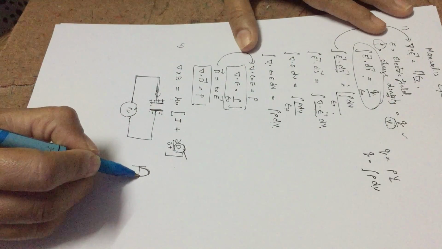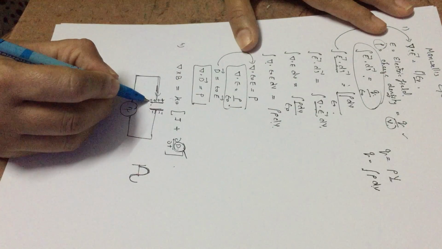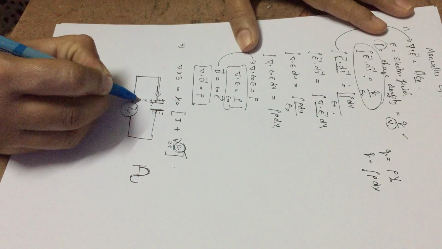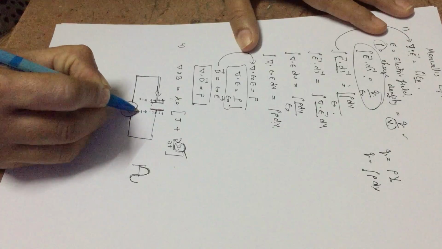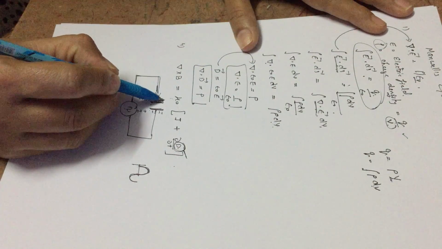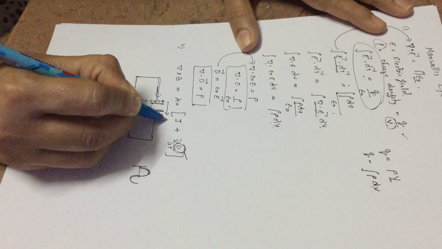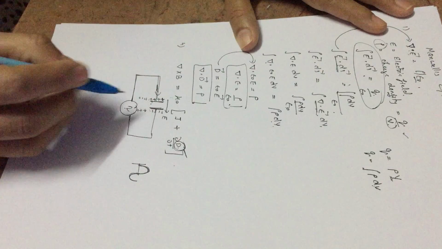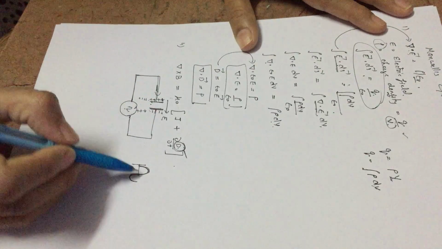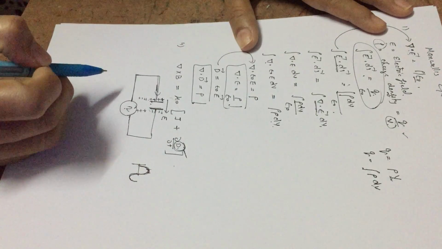When the negative half of the supply comes, this plate becomes negatively charged and this plate becomes positively charged. With time, when this plate is positively charged and this is negative, there is an electric field increasing with time as the signal is becoming more positive.